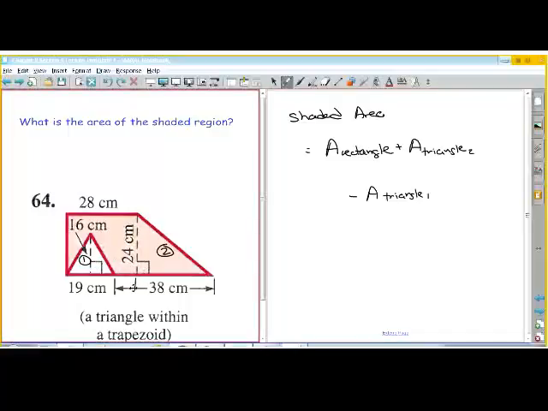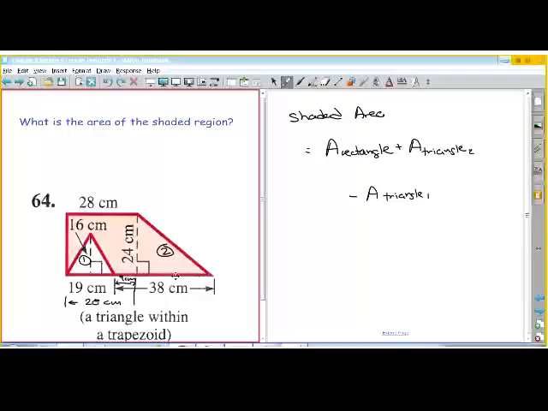So what we would do is we'd say, well, from here to here is 28 centimeters using this information. So that's 28 centimeters. If this triangle makes up 19 centimeters of it, then this little bit right here is 9 centimeters. 9 plus 19 is 28.